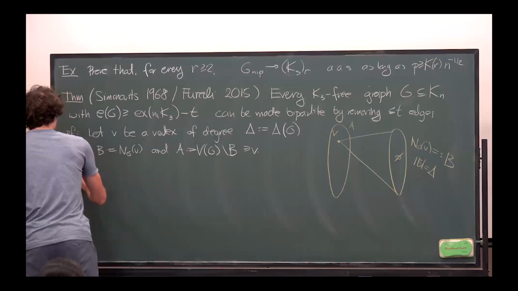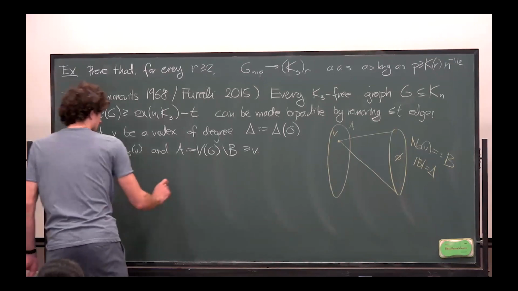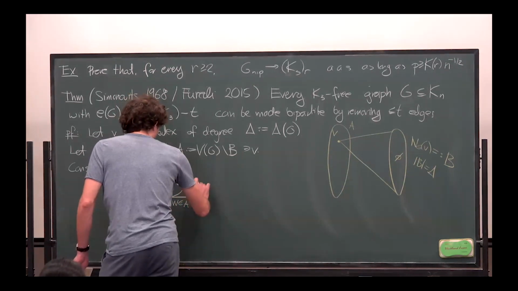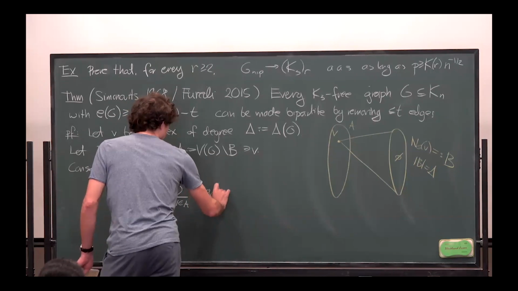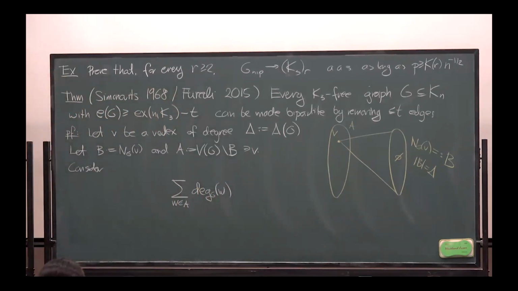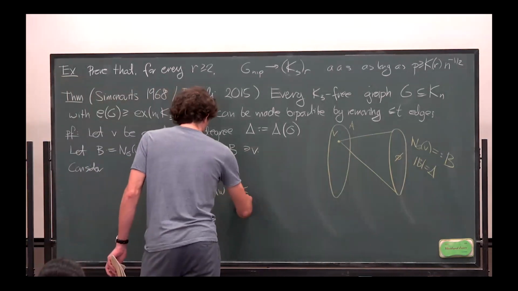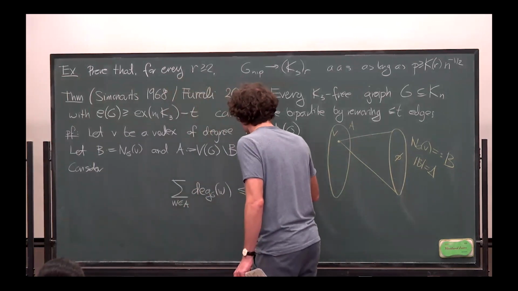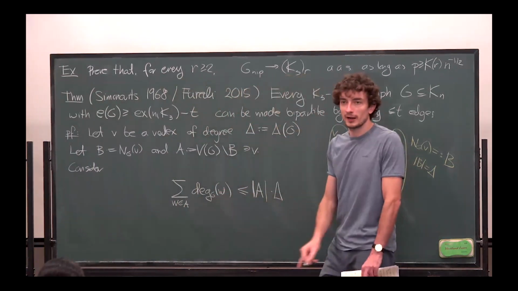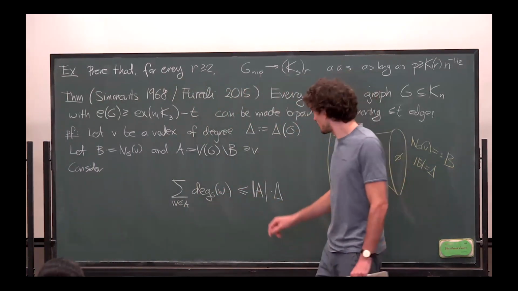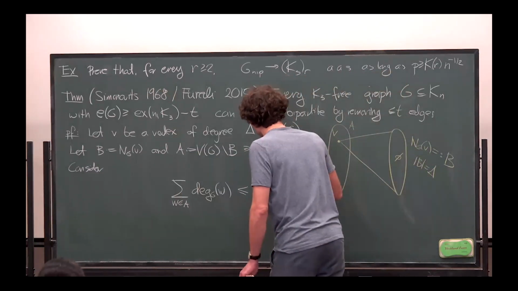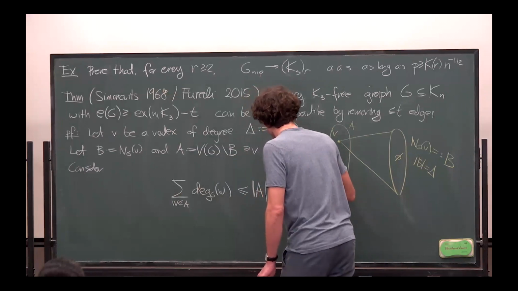Now let's consider the sum over all the vertices in A. What do we get when I sum their degrees in G? Well, certainly we won't get more than the number of vertices times the largest possible value of the degree, which is delta. The size of B is delta, so the size of A is n minus delta. So this is at most delta times n minus delta.